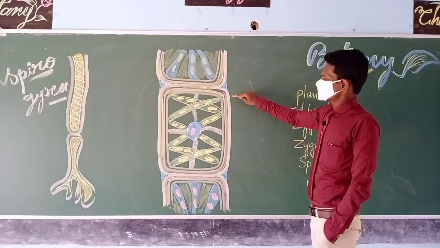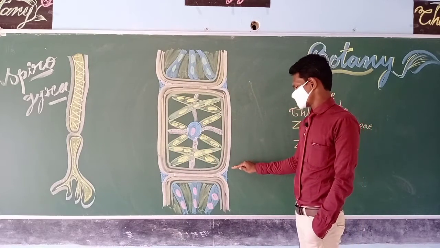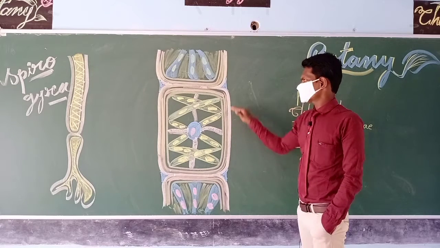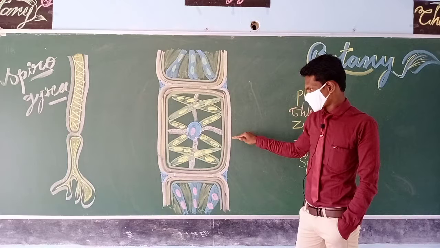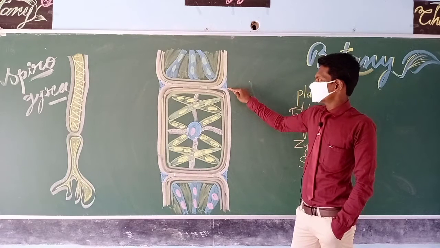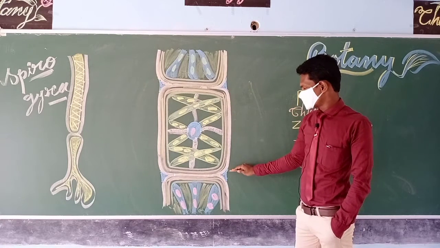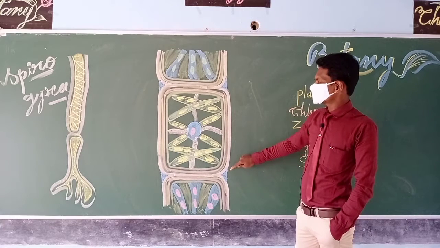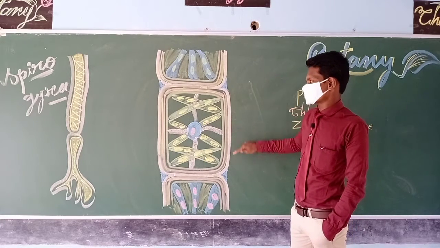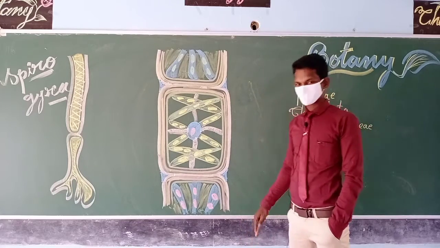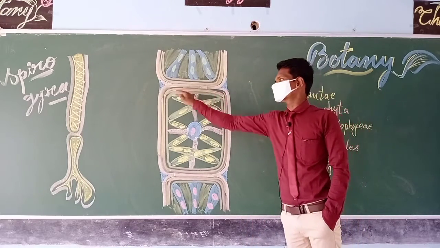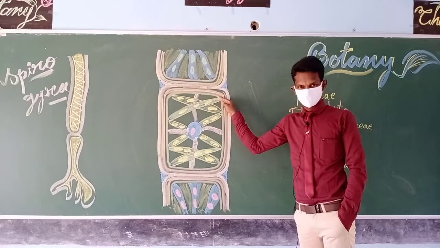If we go through a single cell structure of Spirogyra, the cell is long, elongated and cylindrical. Here we could observe anterior and posterior regions. The length is a little greater than the width or breadth.